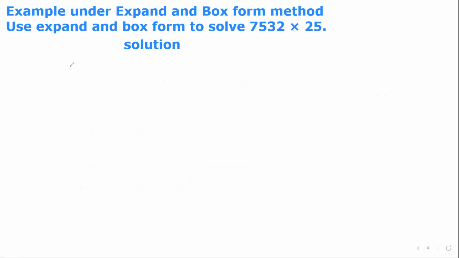In this form or this kind of method, we use the column and the row, and you make sure that the numbers are being written in their real values. Okay, so this one also involves the use of the box. So let's solve.